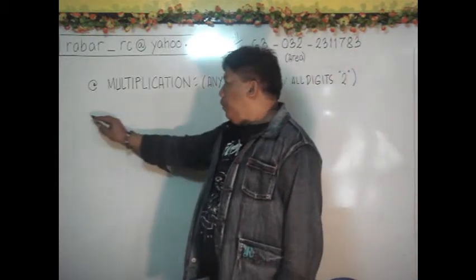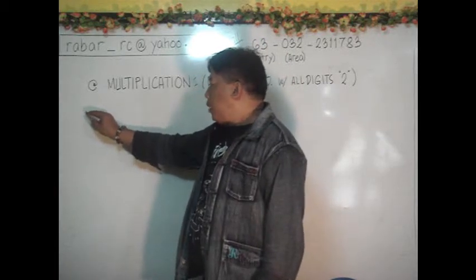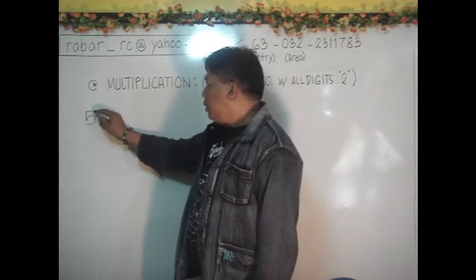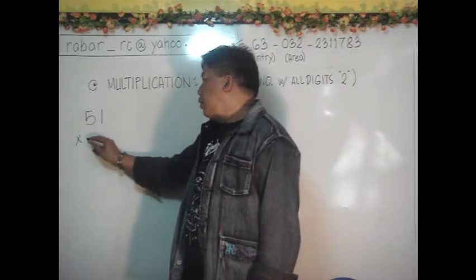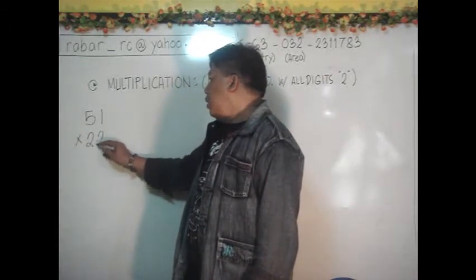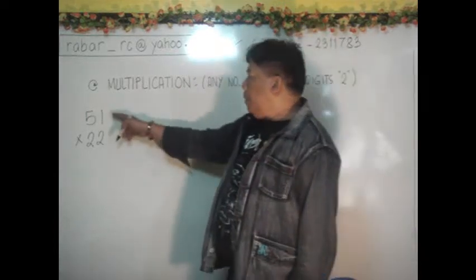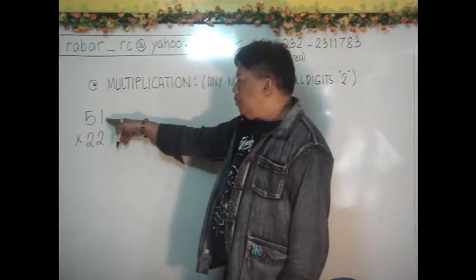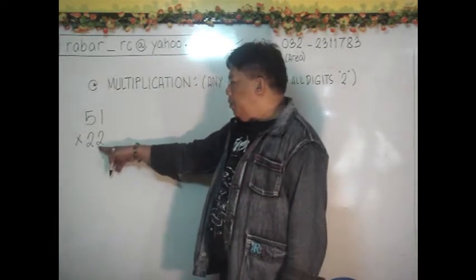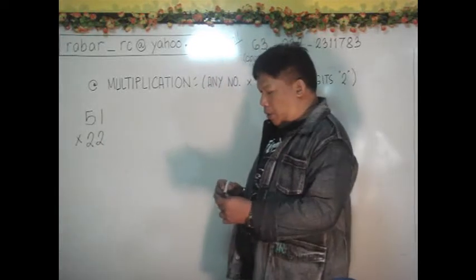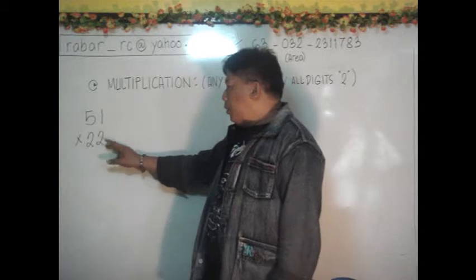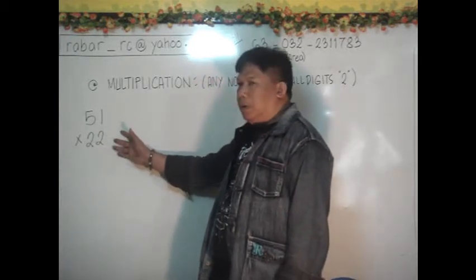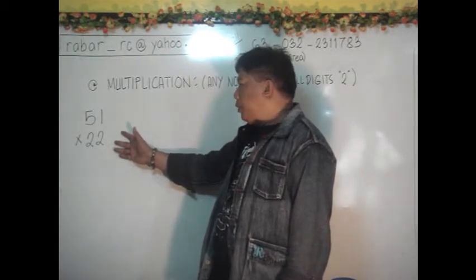Example, if we have here 51 times 22, this is any number, and this is 51, multiplied by a number consisting of digits 2. Then how do we multiply this type of numbers?